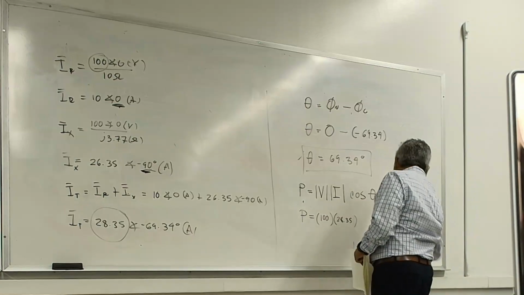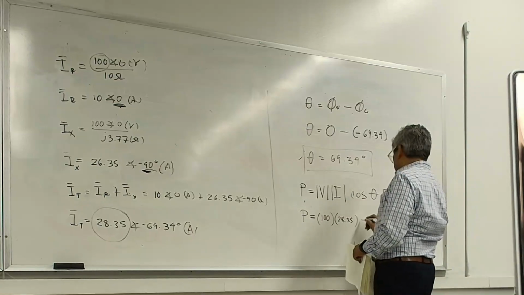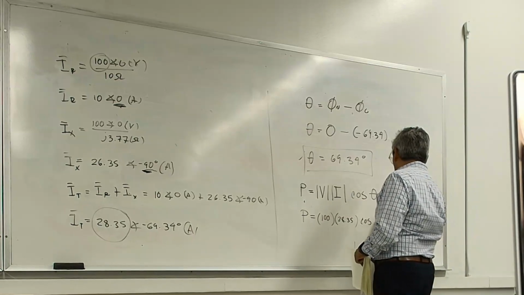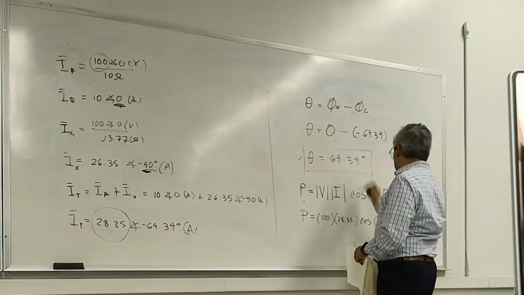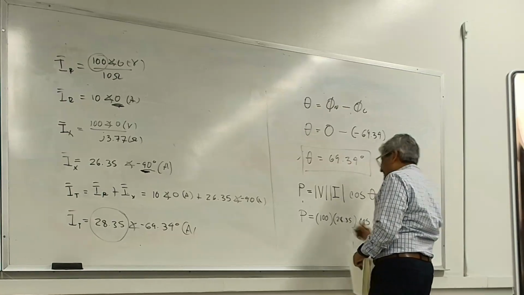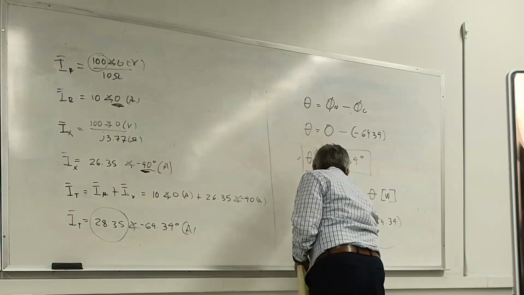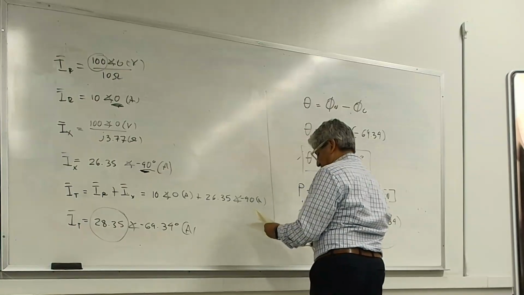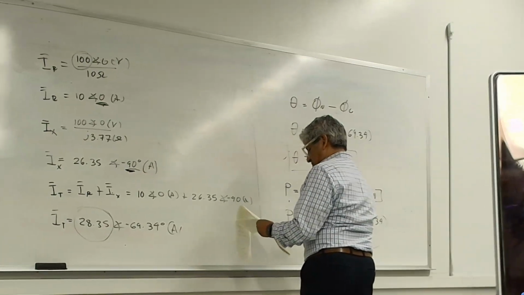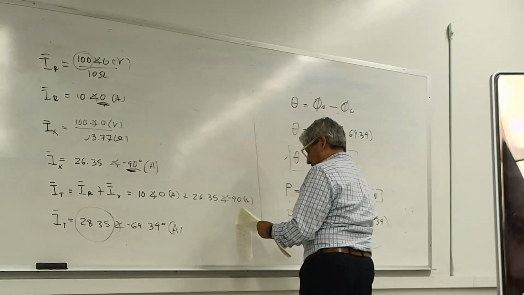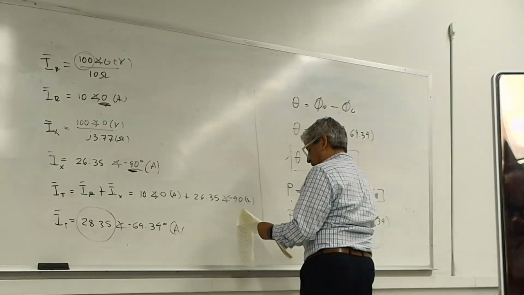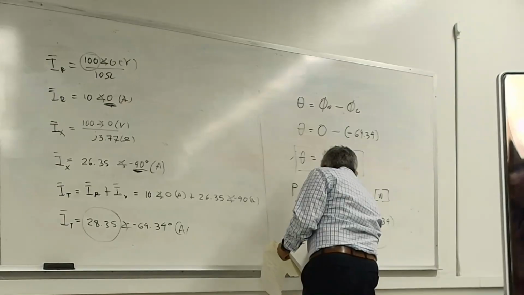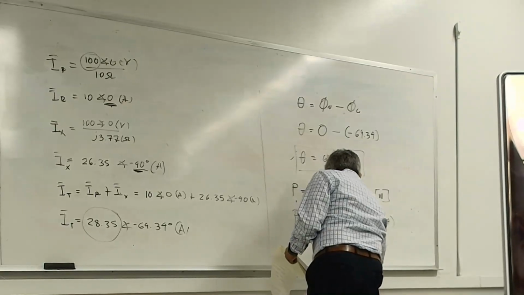If I didn't fix it everywhere, just make sure you correct it. Times cosine of 69.34. Depending on your calculator and how many figures you keep, I get about 1,000 watts.